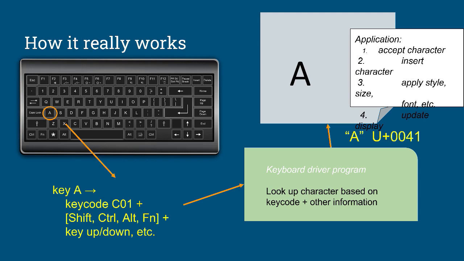But that data from the operating system is then fed to a keyboard driver program. And that driver program simply says, given this information about the event that occurred, look up a character based upon the key code and other information and send that off to whatever application currently has the focus. And so we think of clicking in a window, then typing in that window.